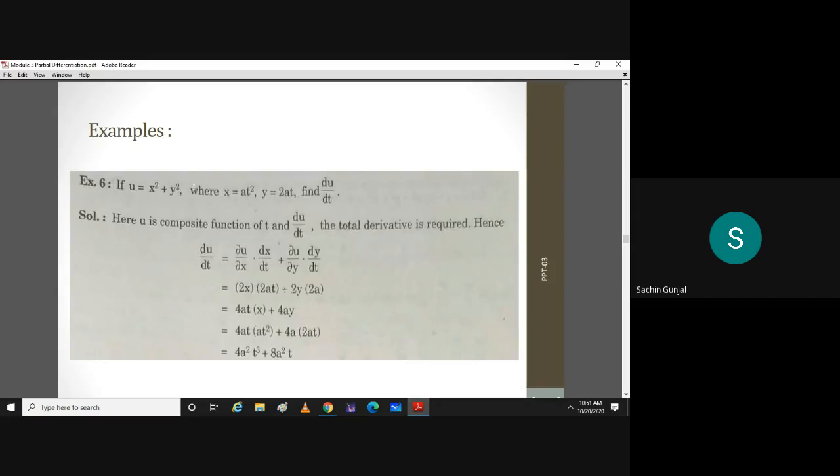So u is a function of x, y and x, y are functions of t. So by chain rule, du/dt is equal to ∂u/∂x into dx/dt plus ∂u/∂y into dy/dt. So we find this derivative explicitly and then substitute values of x and y, so that you will get the answer in terms of t.